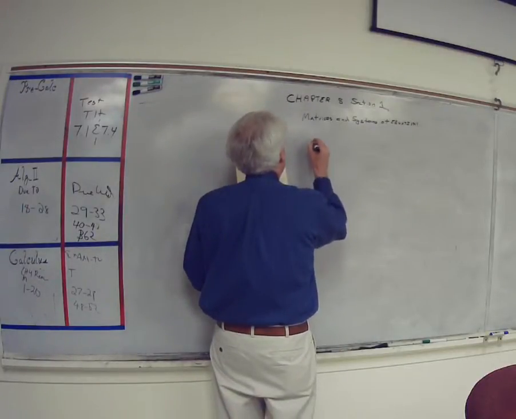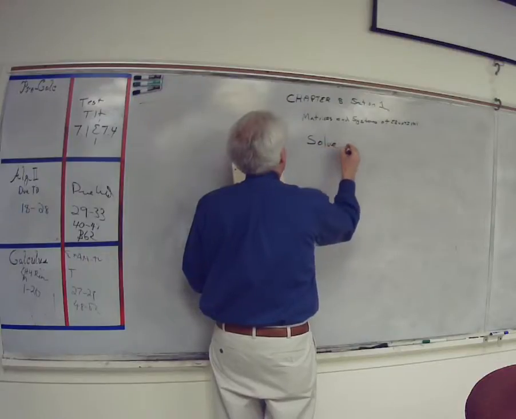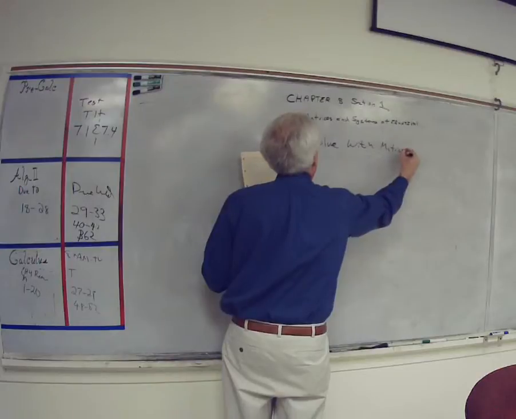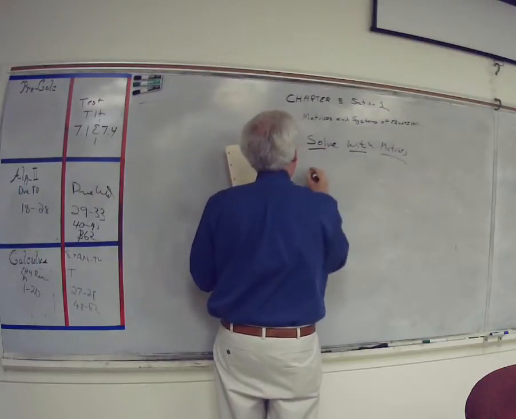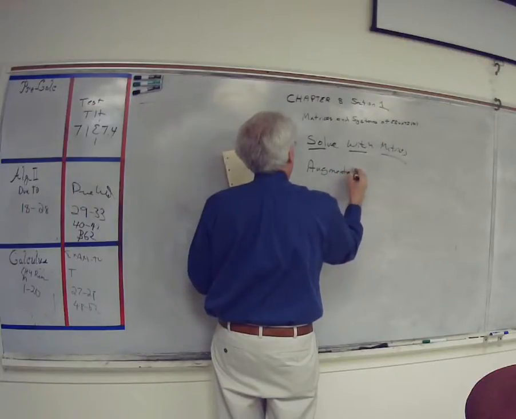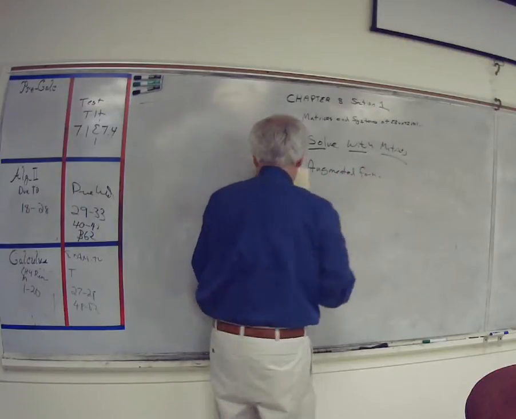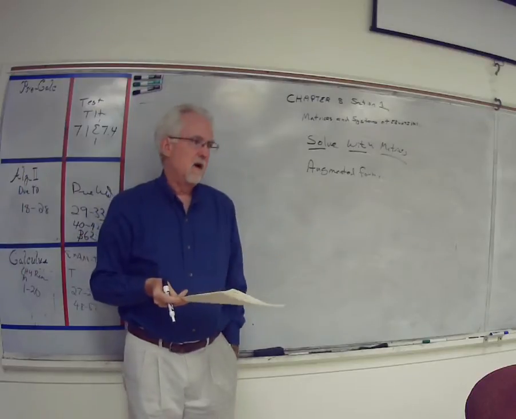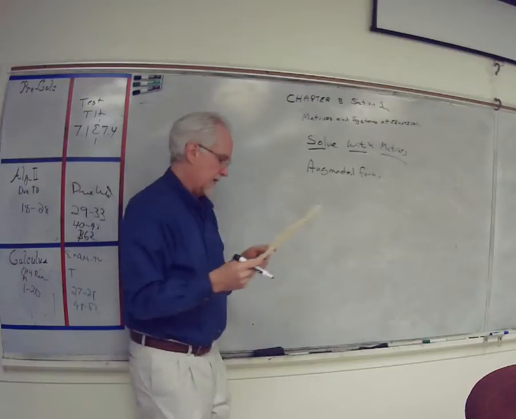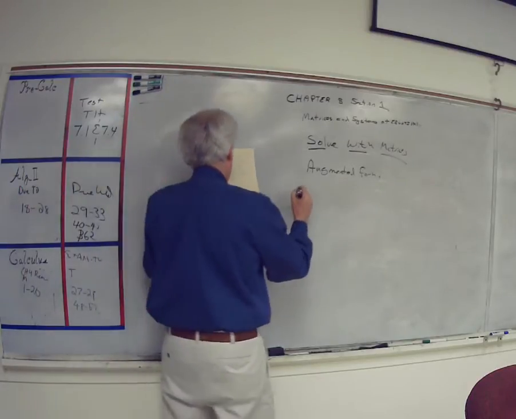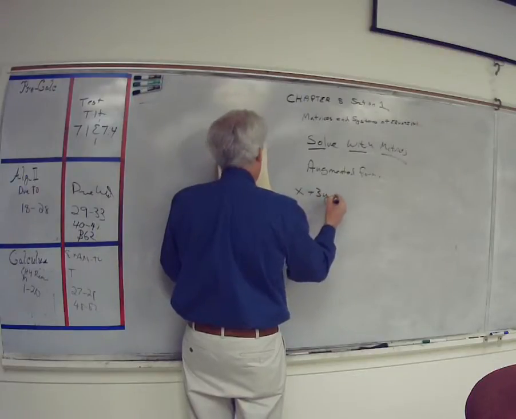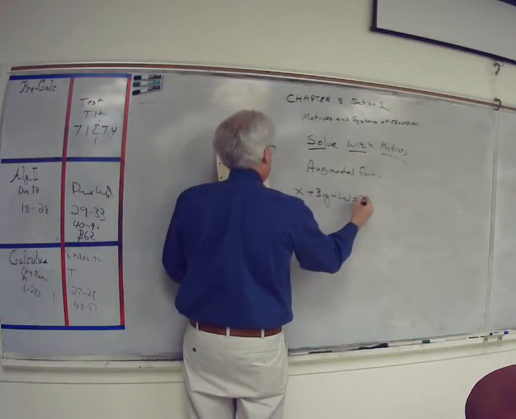So to solve with matrices, you have to go to augmented form. The good news is it's easy to put things in augmented form. The bad news is if you forget to do it, you're not going to get the right answer. So let's say I had x plus 3y minus w equals 9.